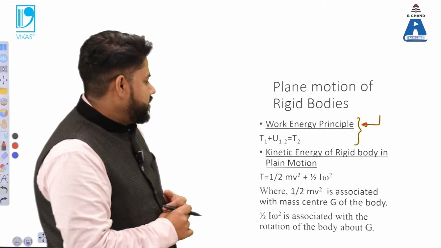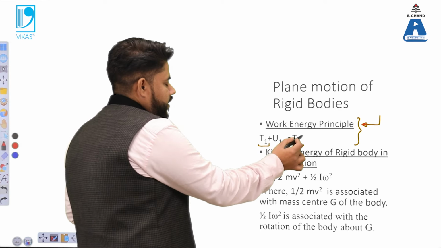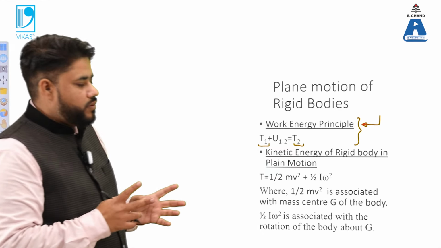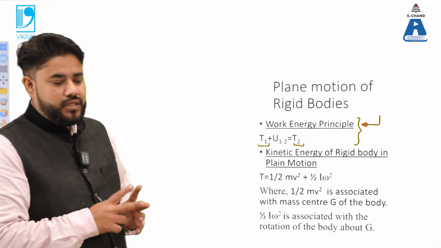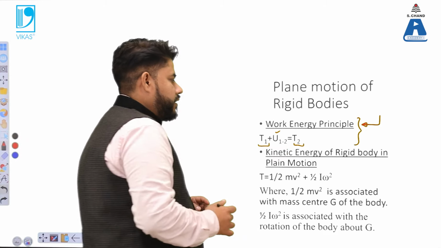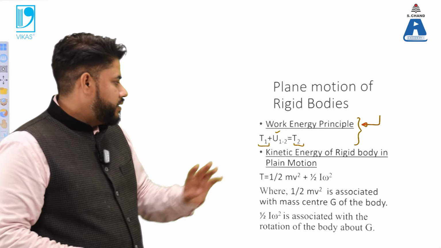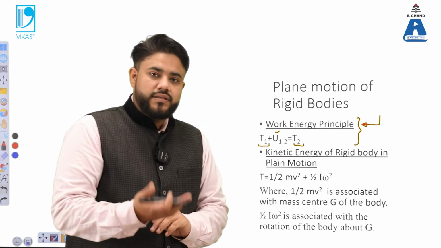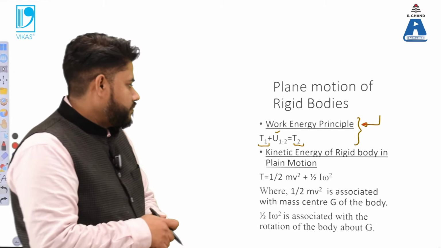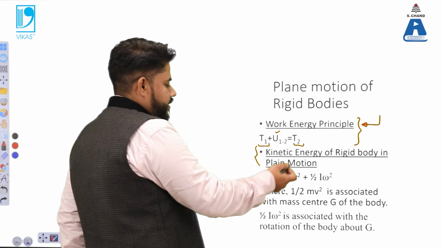So this work energy principle particularly indicates the relation between the two kinetic energies, and U is basically indicating the energy. So T1 plus this internal energy U, that is equal to T2. Additionally, you have this kinetic energy of this rigid body.